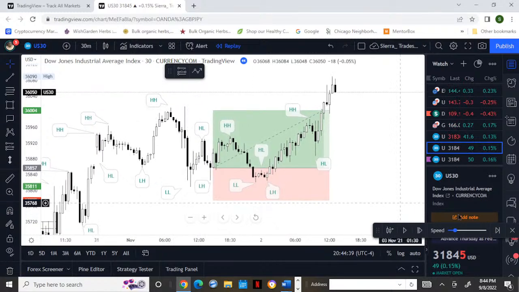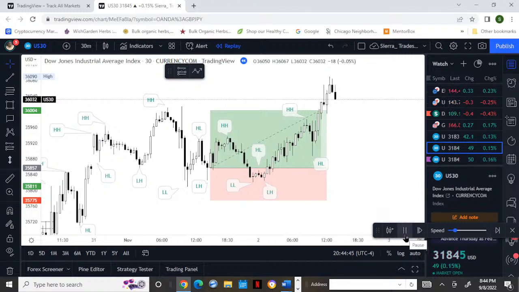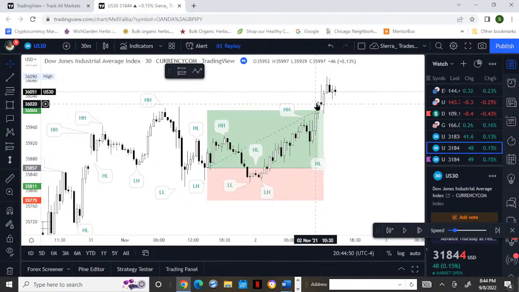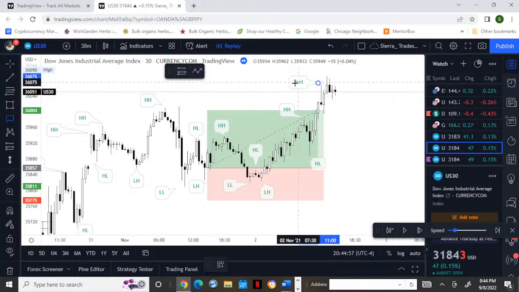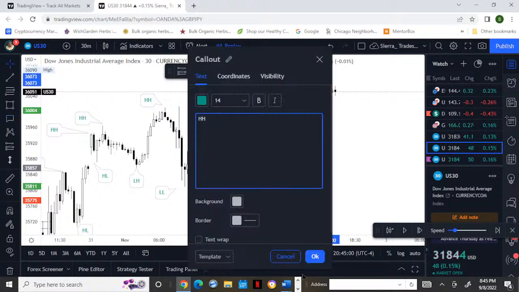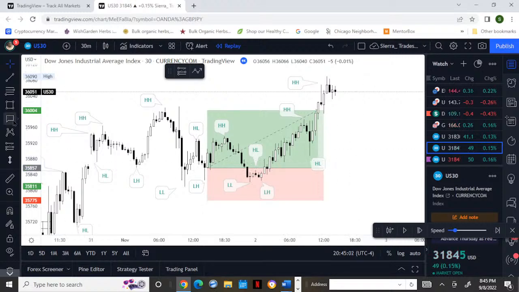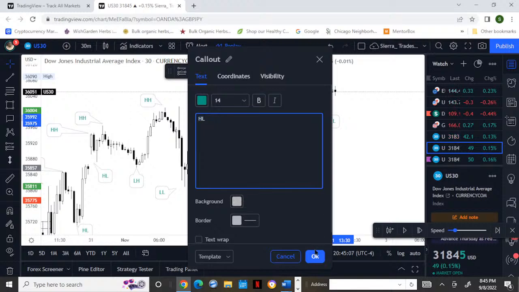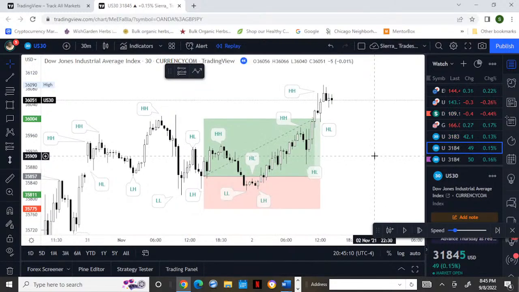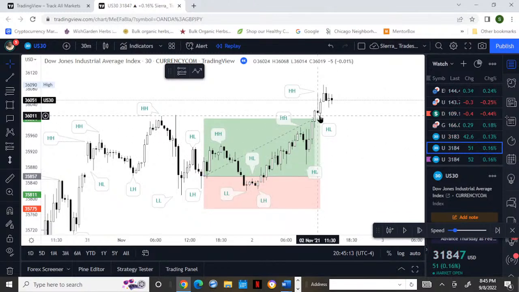All right, let's keep it moving. Let's try to see if we can spot one more before I log off. All right, so our higher low, higher high, higher low. So this would be our technical break of structure area right here.